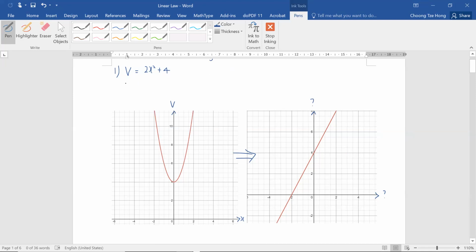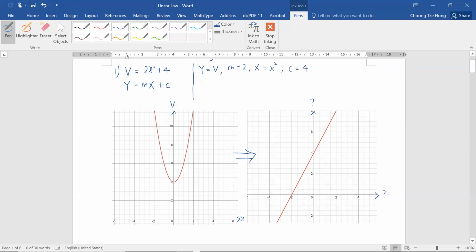For linear law questions, we're going to use big Y, so as not to confuse with small y, equals m, big X, so as not to confuse with small x, plus c. As you can see from what I've just written, if I let big Y be v, then m will be 2, and if I let big X be x squared, replacing the x squared, then c will be the 4.